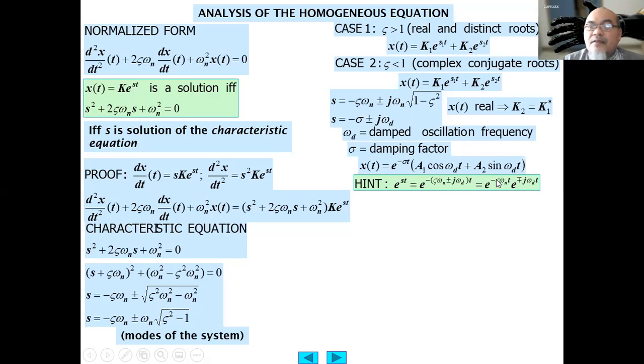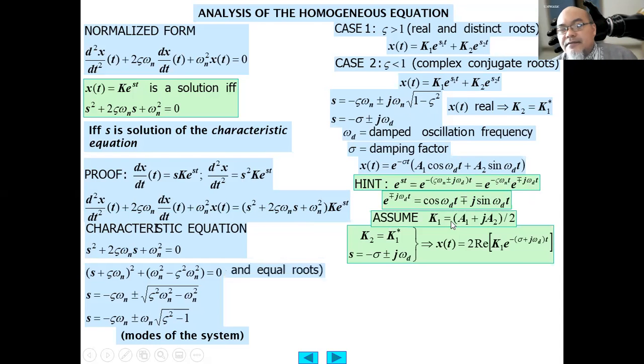Okay, and this becomes sigma, zeta omega n, the sigma part, and exponent plus minus j omega d t. From Euler's law, we know that this equals cosine omega d t plus minus j sine omega d t.